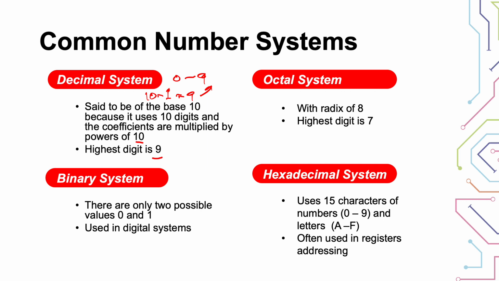Binary system, there are only two possible values, that is 0 or 1, and this is mostly used in our digital system. Octal has a radix of 8 and the highest digit is 7. Hexadecimal uses 16 characters, but after 0 to 9, we start using letters from A to F. So A is 10 and F is 15, so the highest digit is 15.